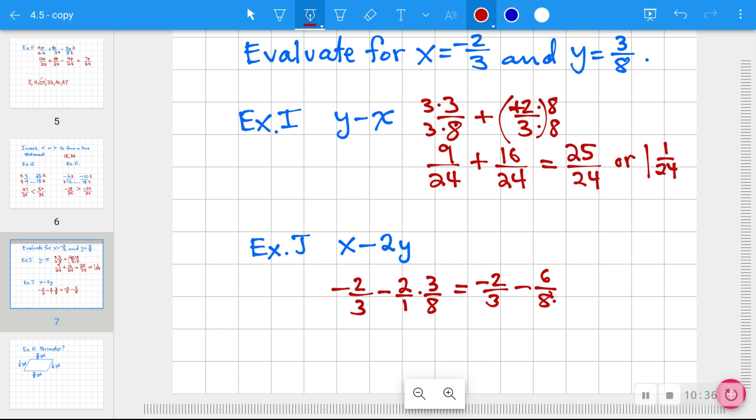And I'm going to multiply this one by 3 to get 24, because I know that I've used that one before. That takes me down to negative 16 over 24, minus 18 over 24, which is negative 34 over 24. And we'll divide these both by 2.